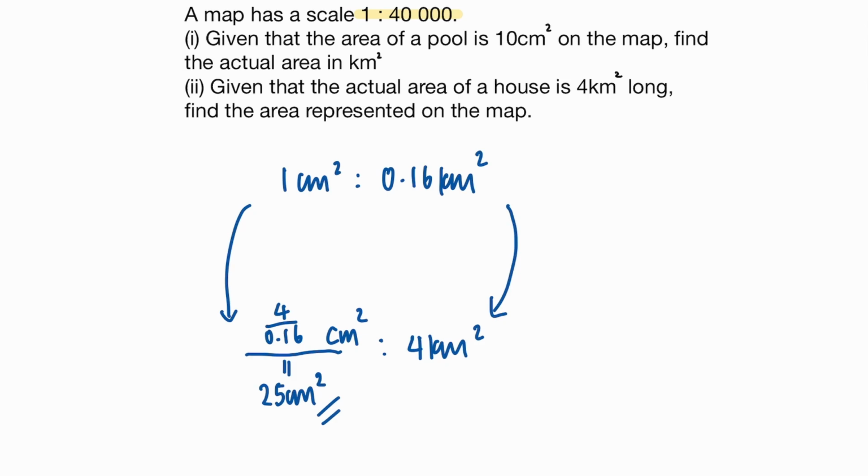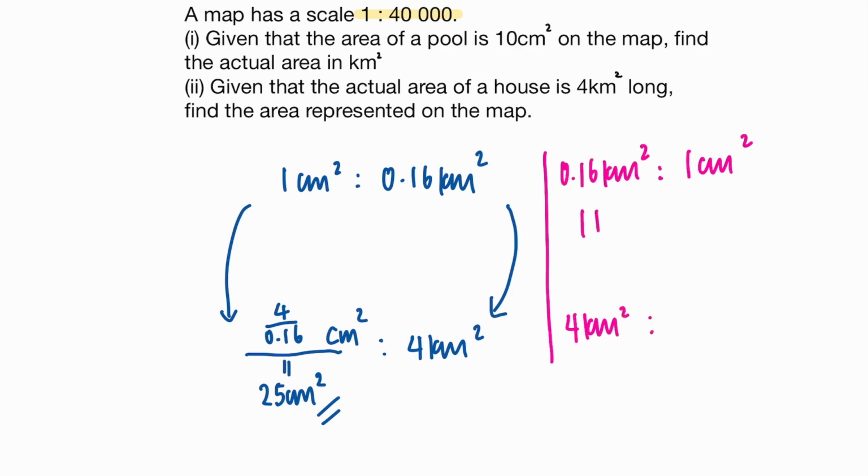Now if you're not familiar with this method, you can also reverse the ratio, meaning you can take 0.16 km square is to 1 cm square. At the end of the day, our aim is to find 4 km square. So always find 1 km square, which is 1 divided by 0.16.